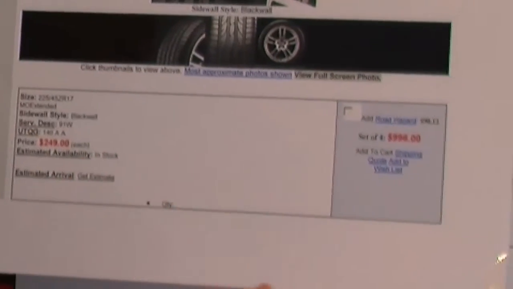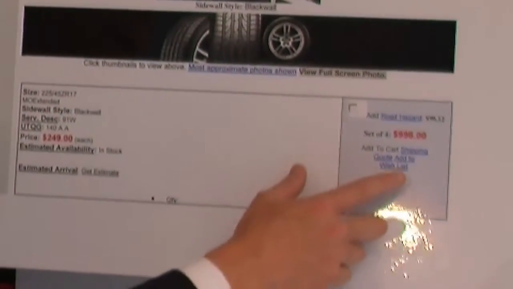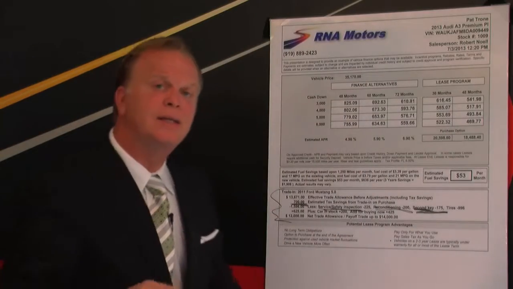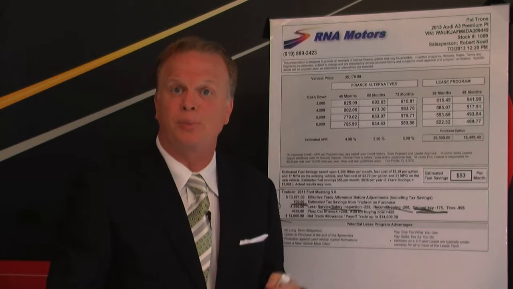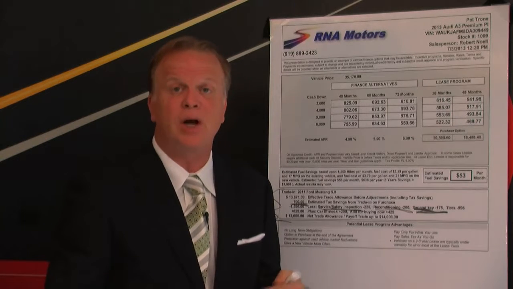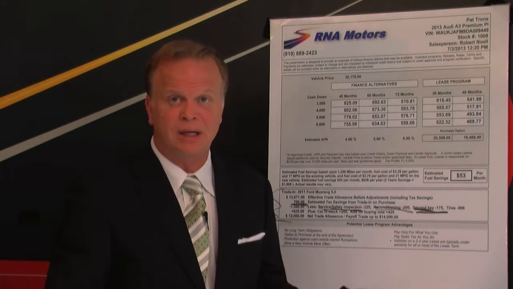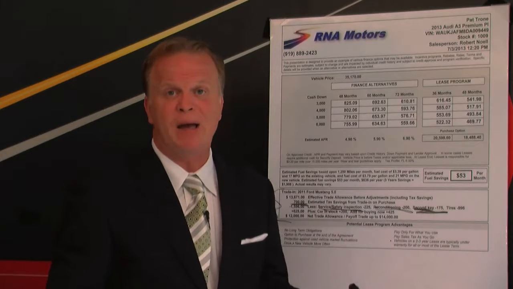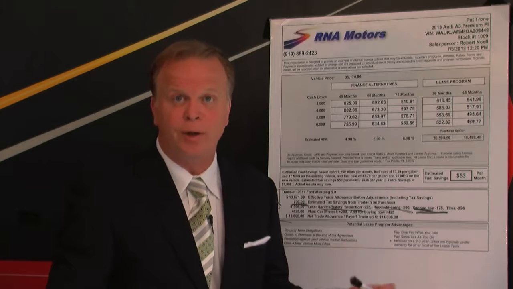And that does not include road hazard at $90 per tire. And that does not include shipping. And you know what? That doesn't include begging a tire store to put tires on that you bought off the internet. And I know they say that they have 5,000 stores that'll gladly put the tires on, but Bubba and Doc and Cooter are not very happy when you bring tires in that you bought off the internet.